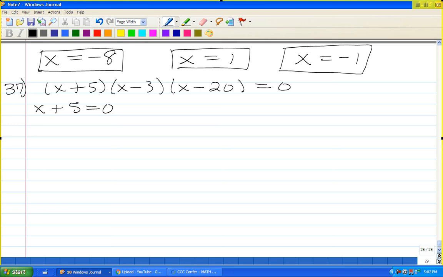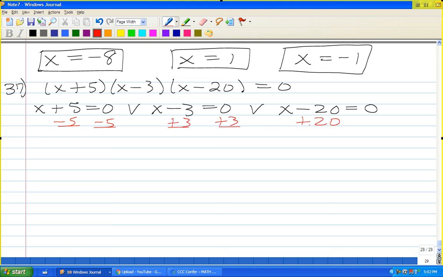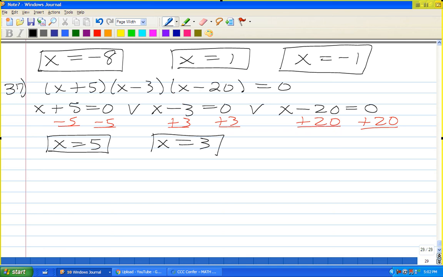So x plus 5 is 0, x minus 3 is 0, x minus 20 is 0. And so, solving for x, x is negative 5, x is 3, x is 20. And that is my solution.